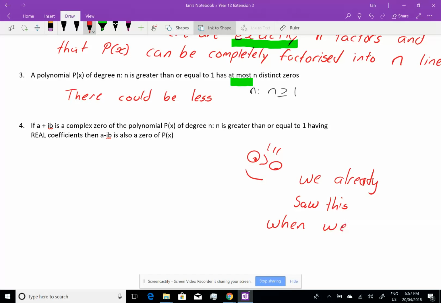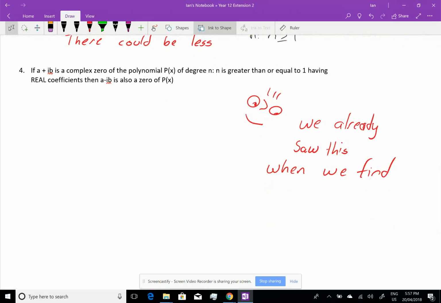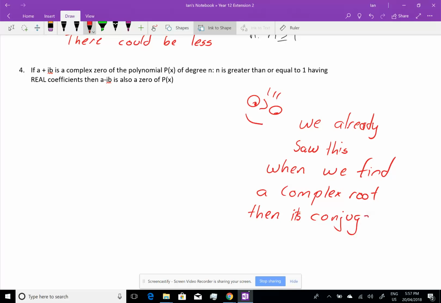When we find a complex root, then its conjugate is also a root.